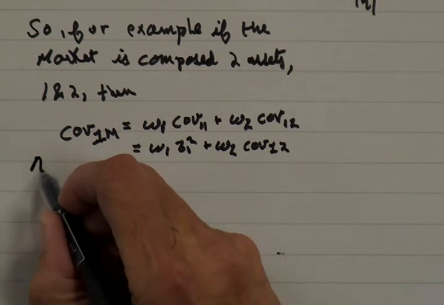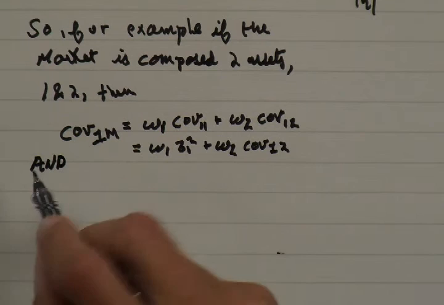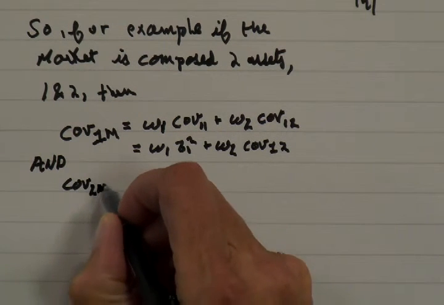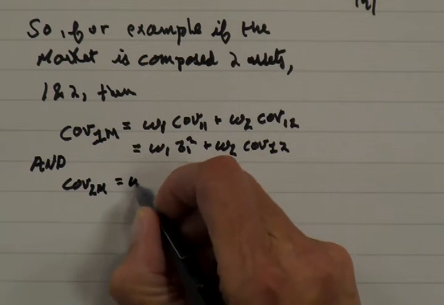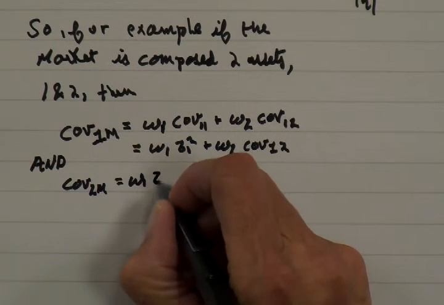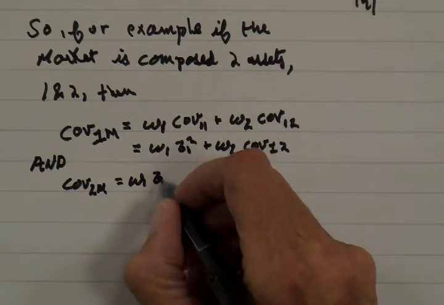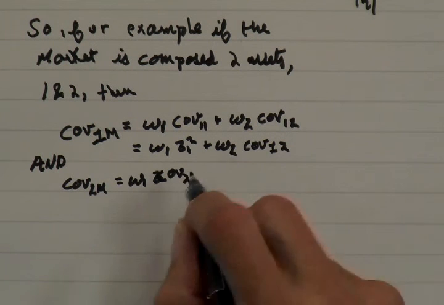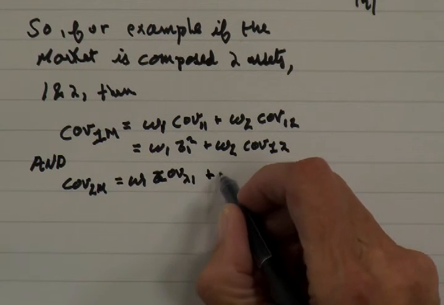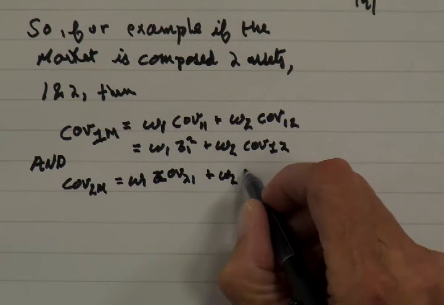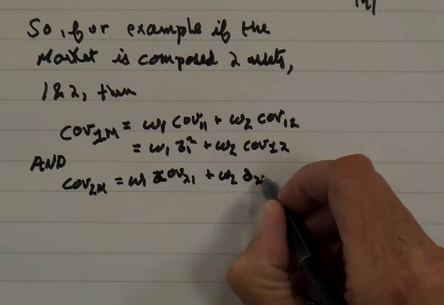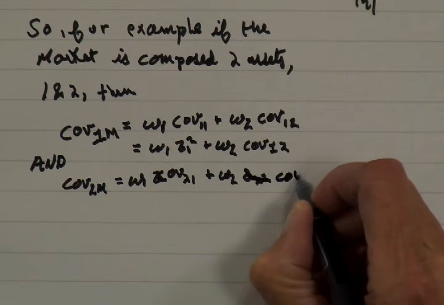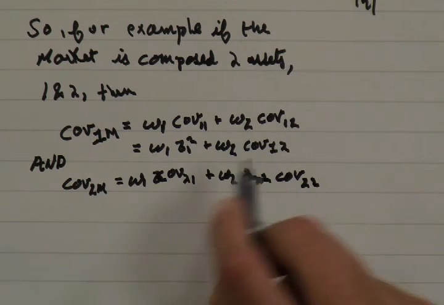And we get that the covariance of 2 with M equals W1 covariance of, let me write that out, covariance of 2 with 1 plus W2 covariance of 2 with 2. Okay, let's write that. Now, what do we know?